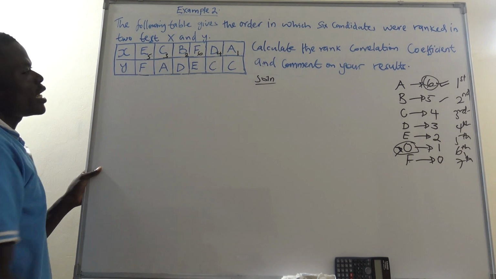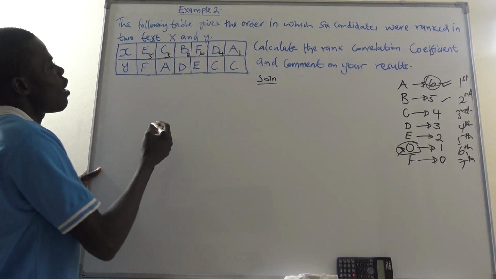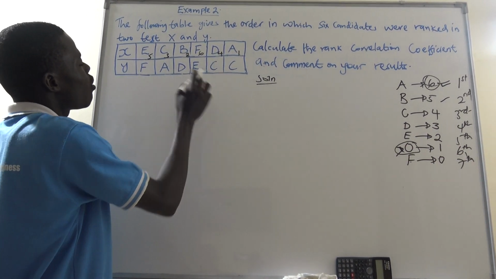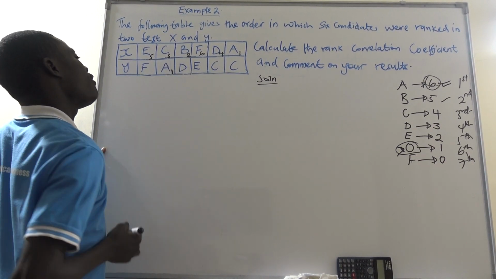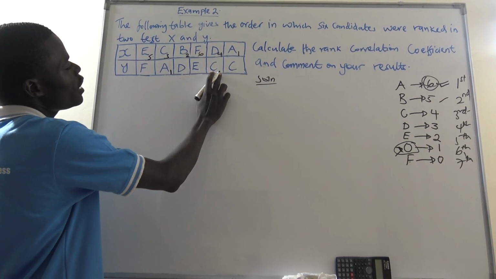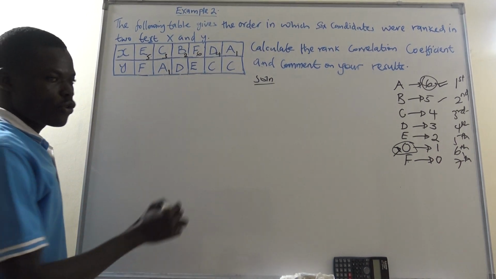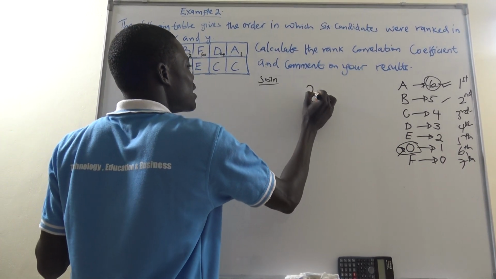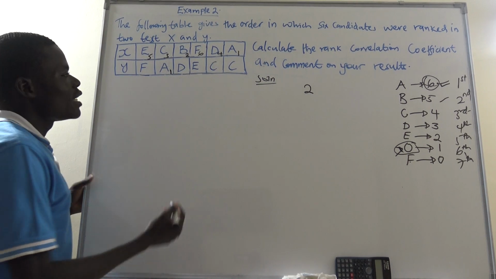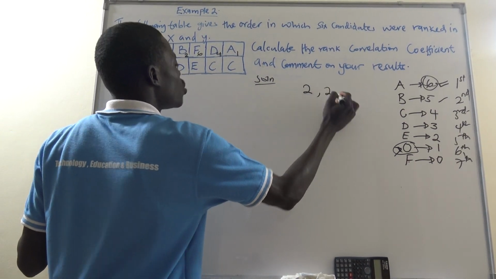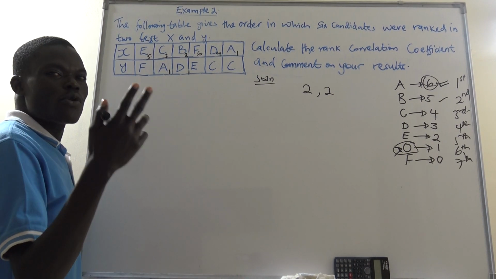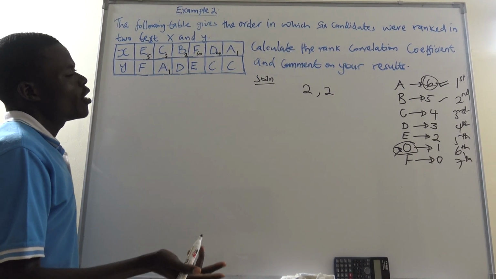The same applies to the marks obtained in test Y, which has A as the first and then C as the second. We see that there are 2 C's, implying there are 2 people in the second position.